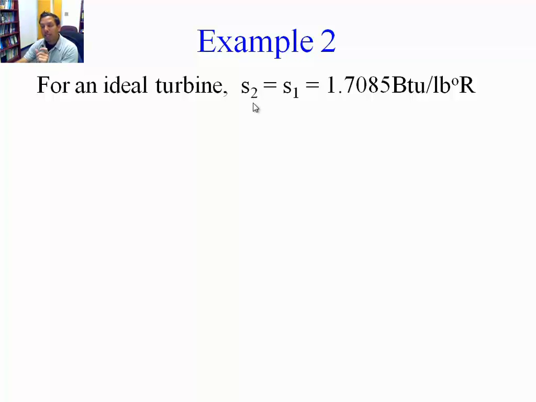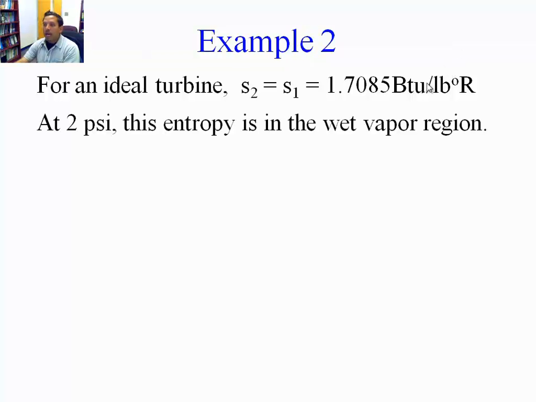So the entropy at the outlet will be equal to the entropy at the inlet, which we already extracted from a table to be 1.7085. At 2 psi, this entropy is in the wet vapor region. So we go to the table of saturation at 2 psi, which is the outlet pressure, and check the entropy of saturated liquid and the entropy of saturated vapor, Sf and Sg.